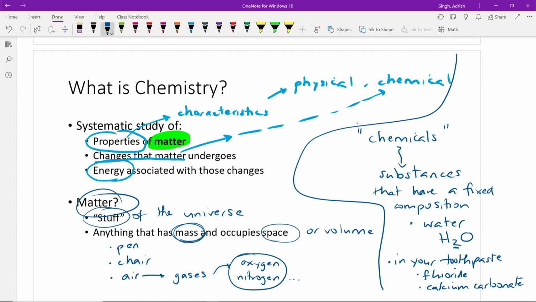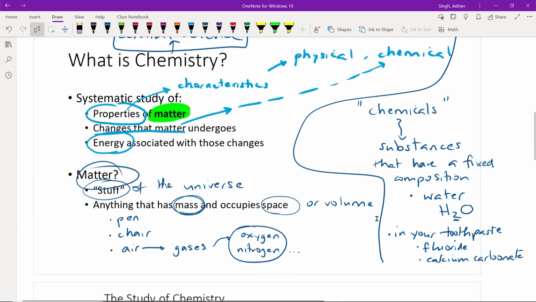It's also in us, right? So all the chemical changes that are happening inside of you right now, we rely on those to produce energy that you use to do a whole host of things, like to study, to sleep, to walk, etc. Chemistry is at the heart of all of those processes, so much so that we often refer to chemistry as the central science. It is probably the most important science relative to all the other ones.